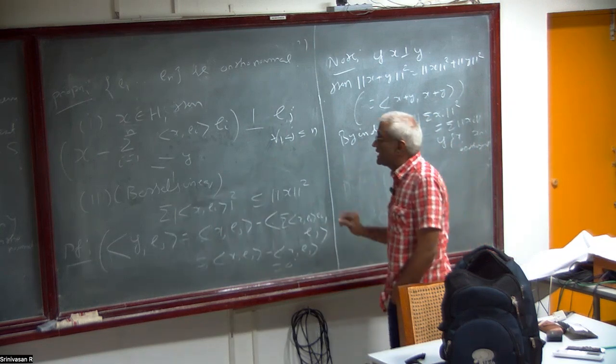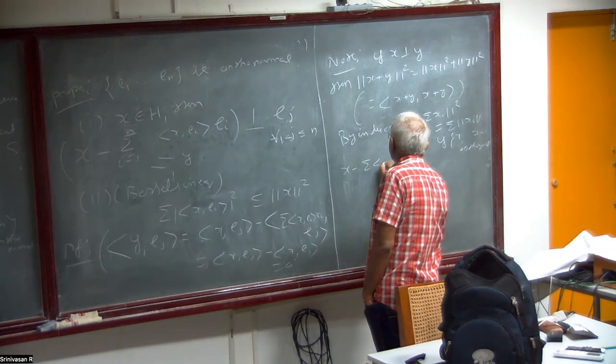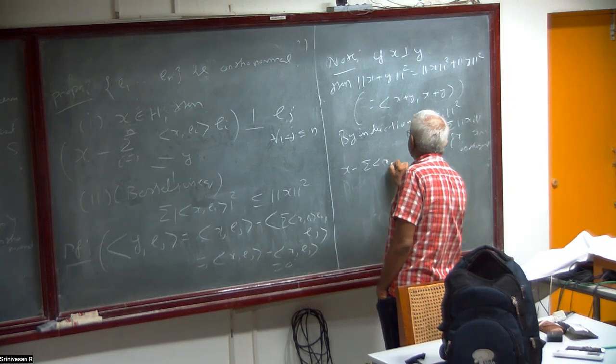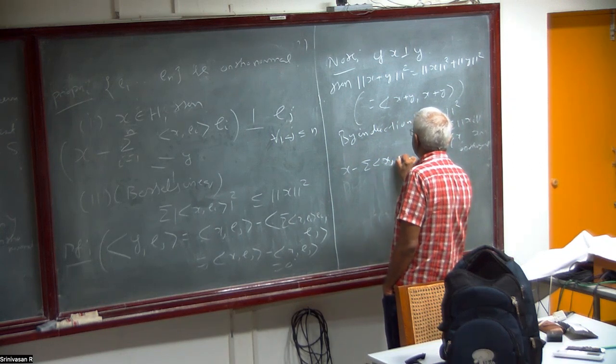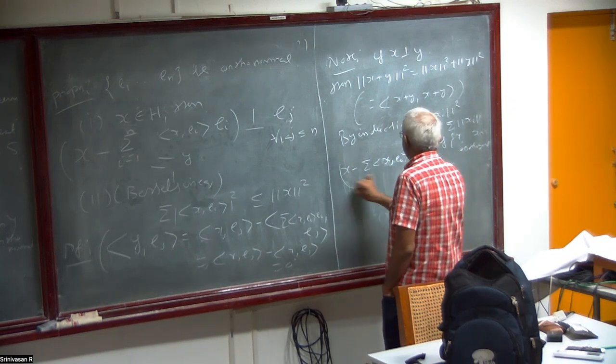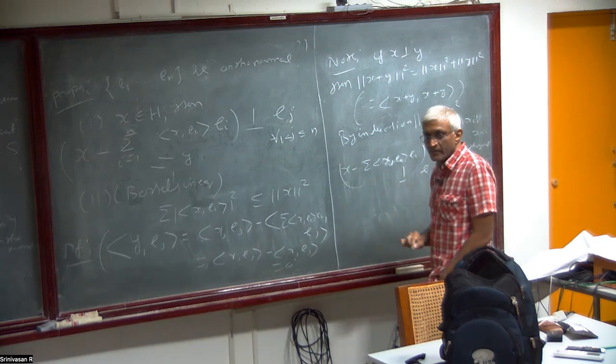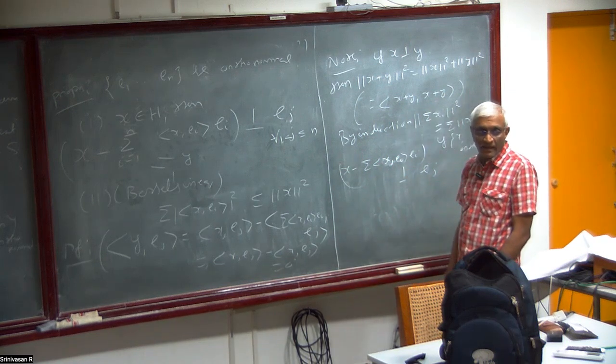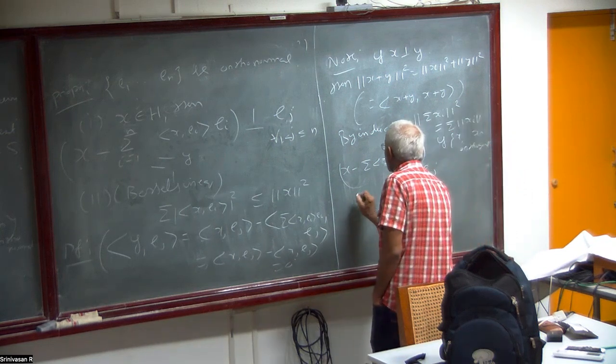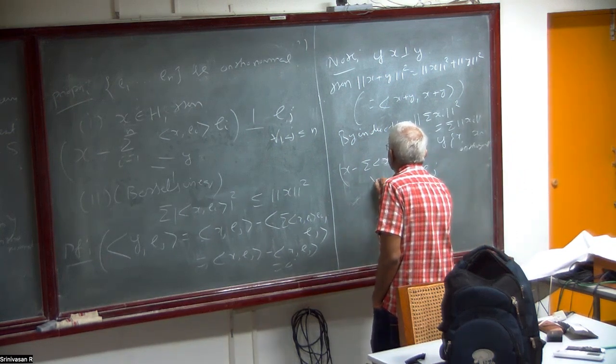So now we have proved that x minus the summation of (x, ei) ei is orthogonal to ej. Call this y.